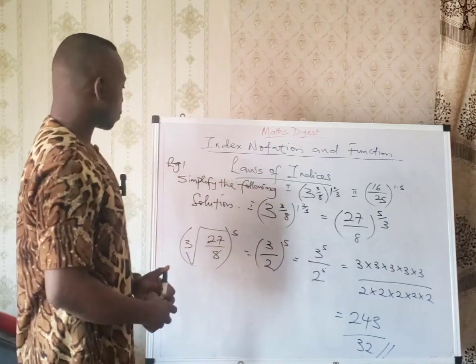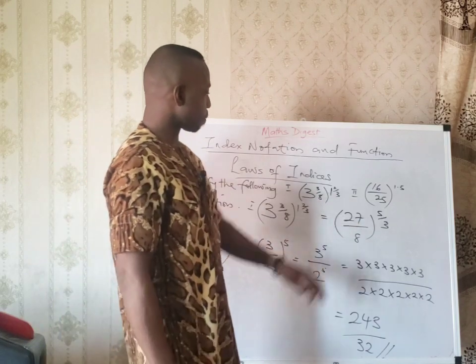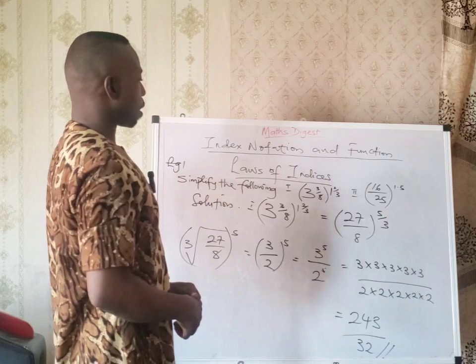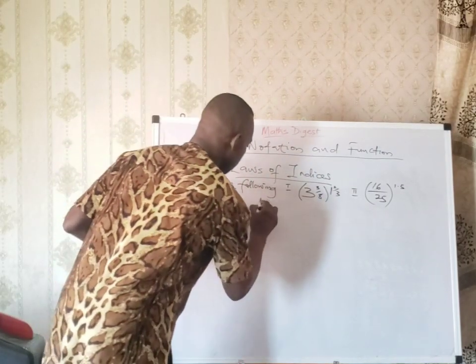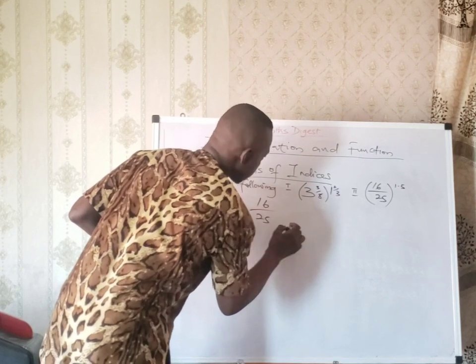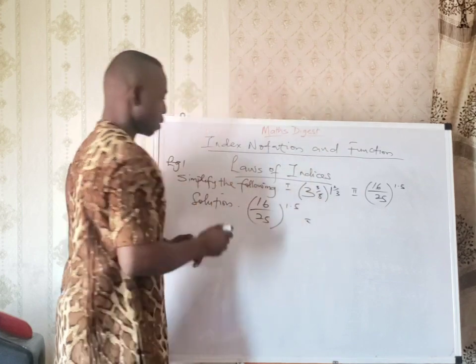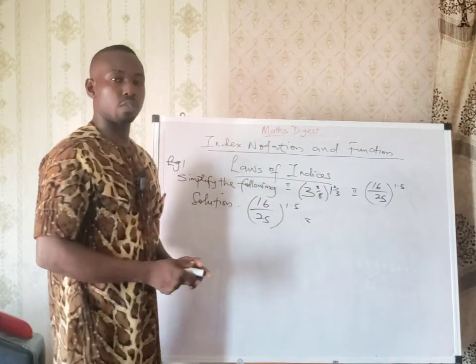Okay, so we'll move to the second number, 16 over 25 all raised to power 1.5. For the second number we have 16 over 25 all raised to power 1.5. Now at this point we're going to convert this to a fraction.